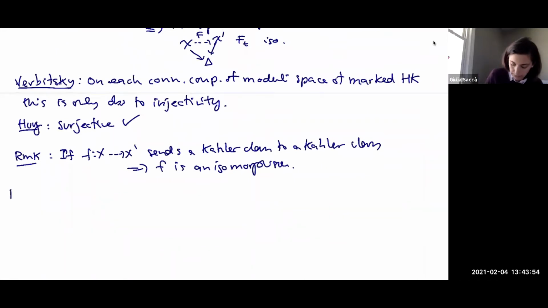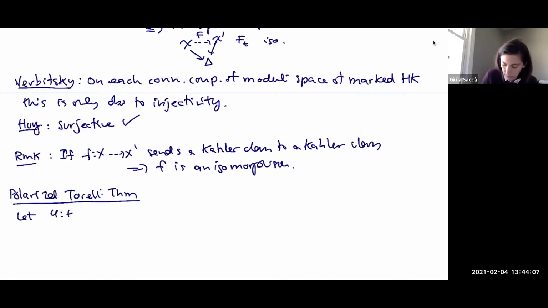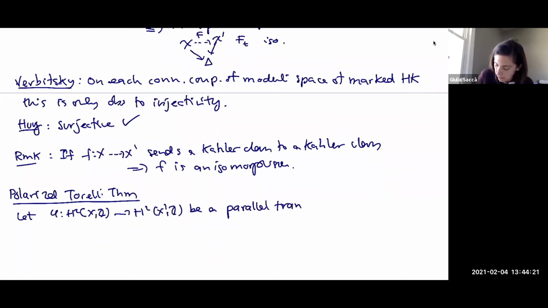And so here's the polarized Torelli theorem. Let φ from H²(X,Z) to H²(X',Z), with X and X' hyperkähler manifolds, be a parallel transport operator, I'll say what I mean in a second, which is an isomorphism of integral Hodge structures.